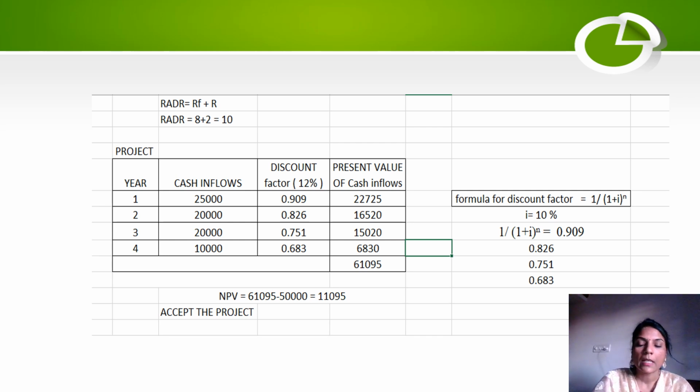In normal NPV calculation, we use only 8%, looking only at the risk-free rate of return, whereas in the RADR approach we use the adjusted rate.